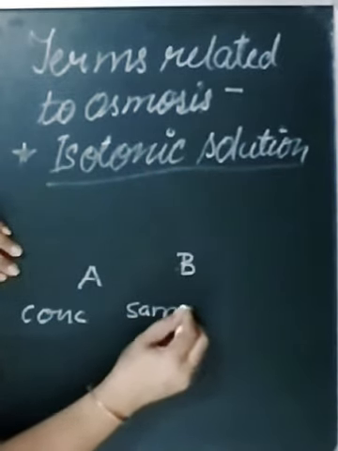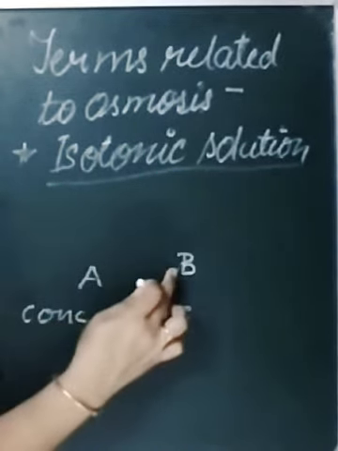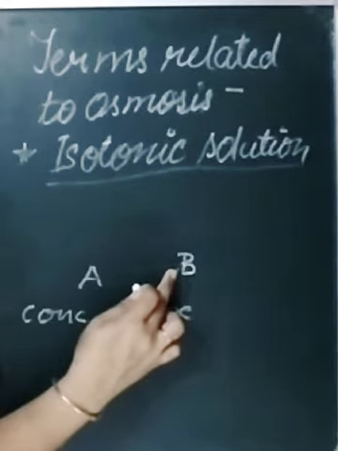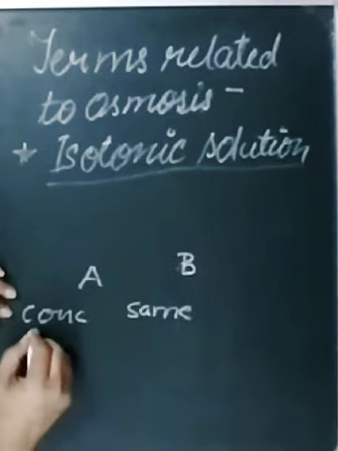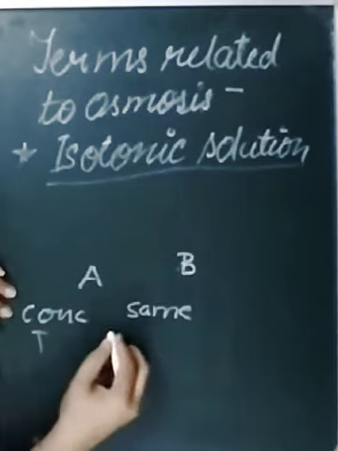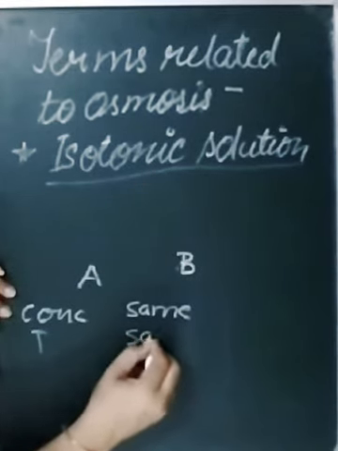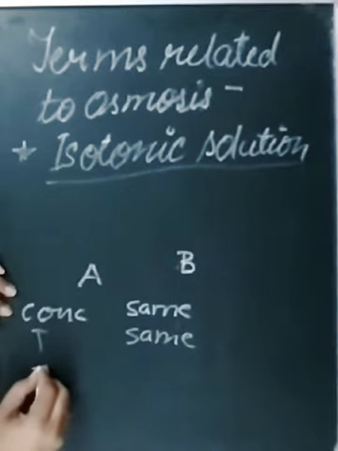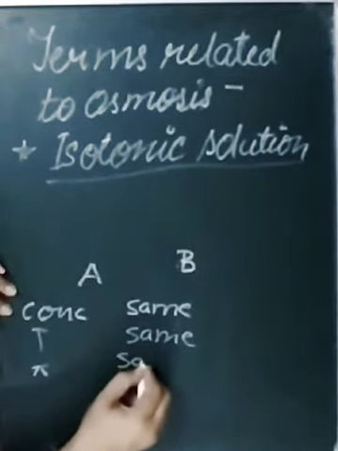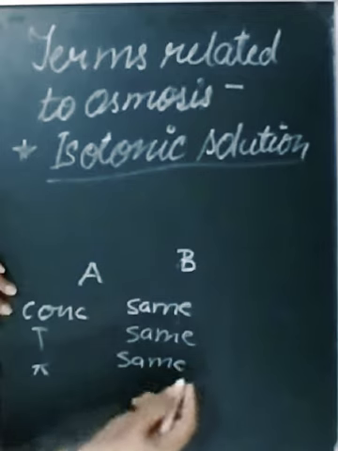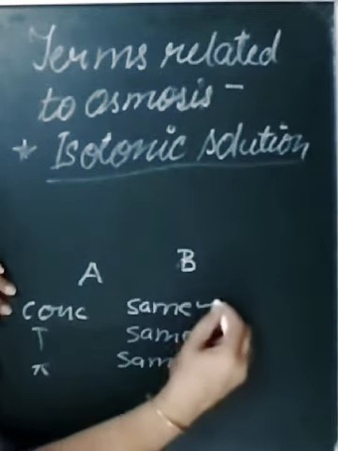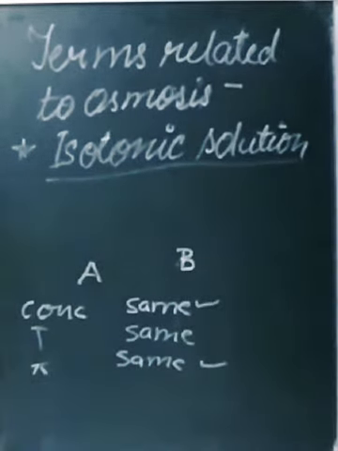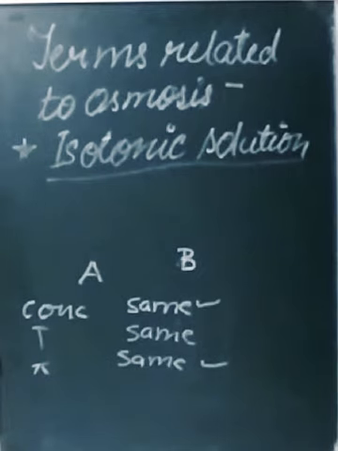Whatever concentration is of A, same concentration is of B. If we compare their temperature, we find that is also same. If we compare the osmotic pressure, that is also same. Here we are more and more concerned with concentration and pi, that is osmotic pressure.